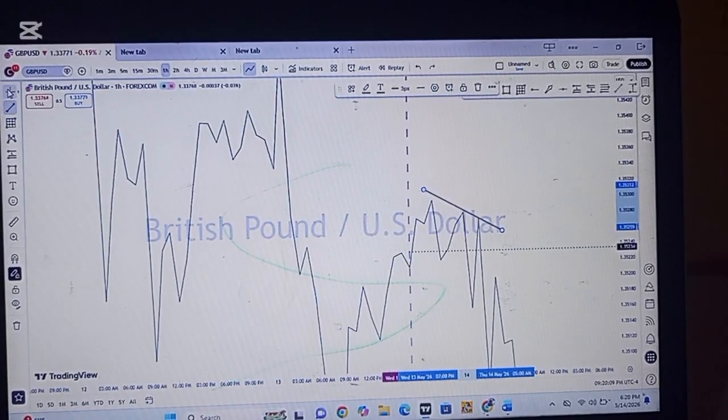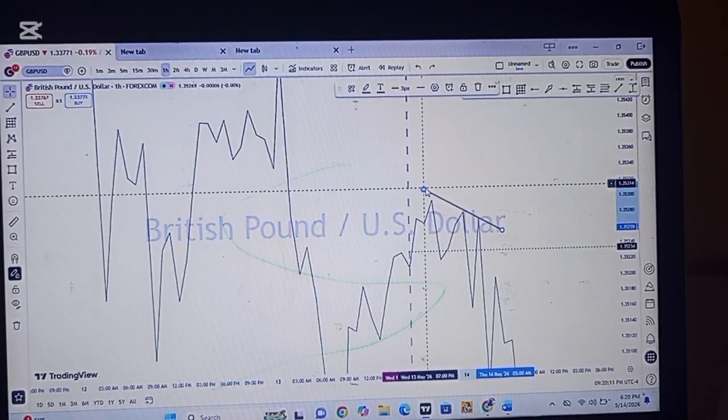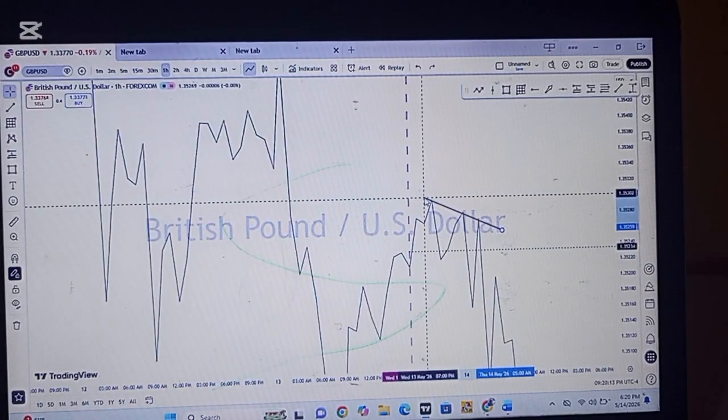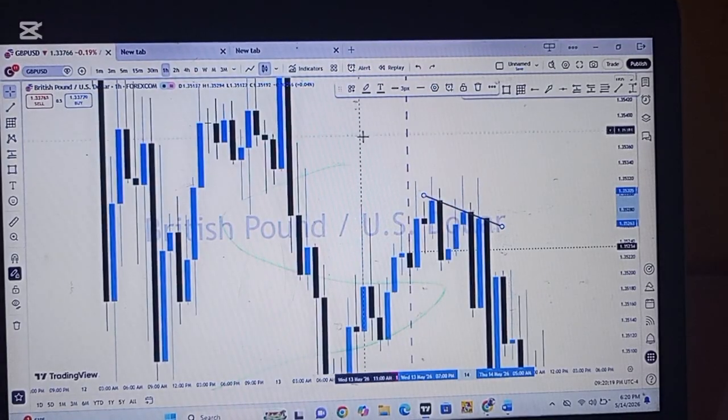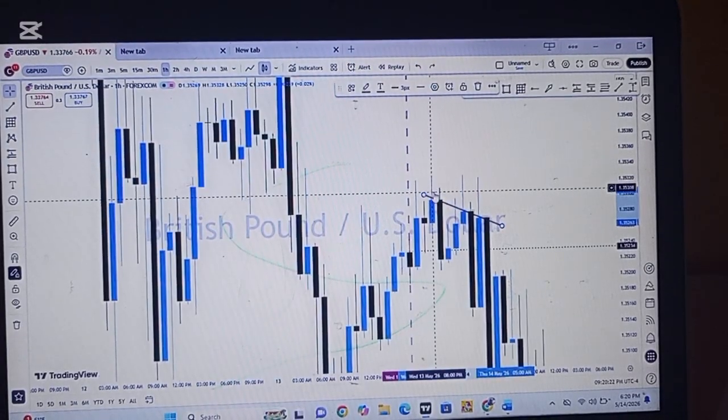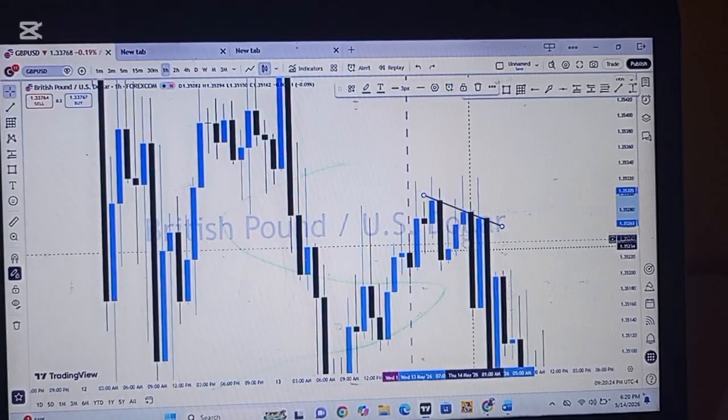So this is all SNR concepts. Any CRT that happens around that zone is very valid. So yeah.